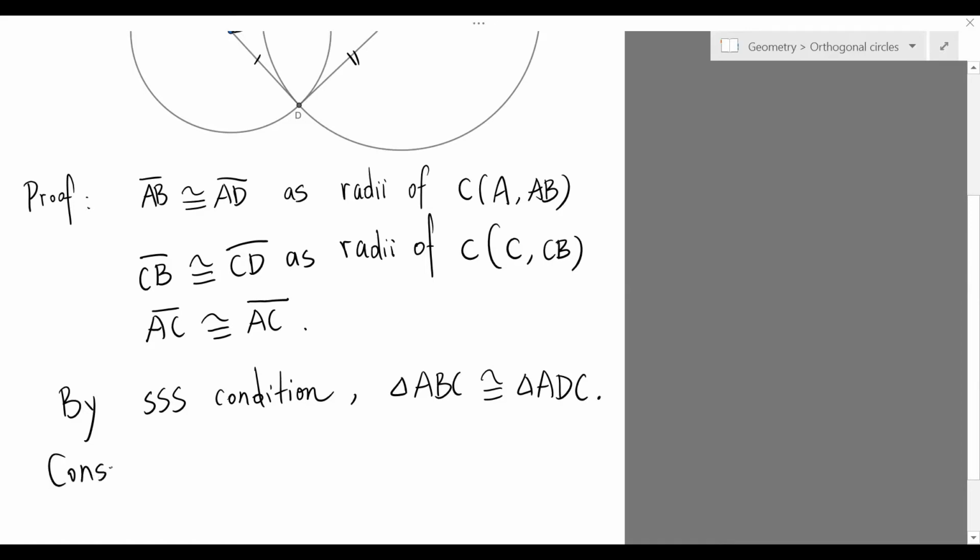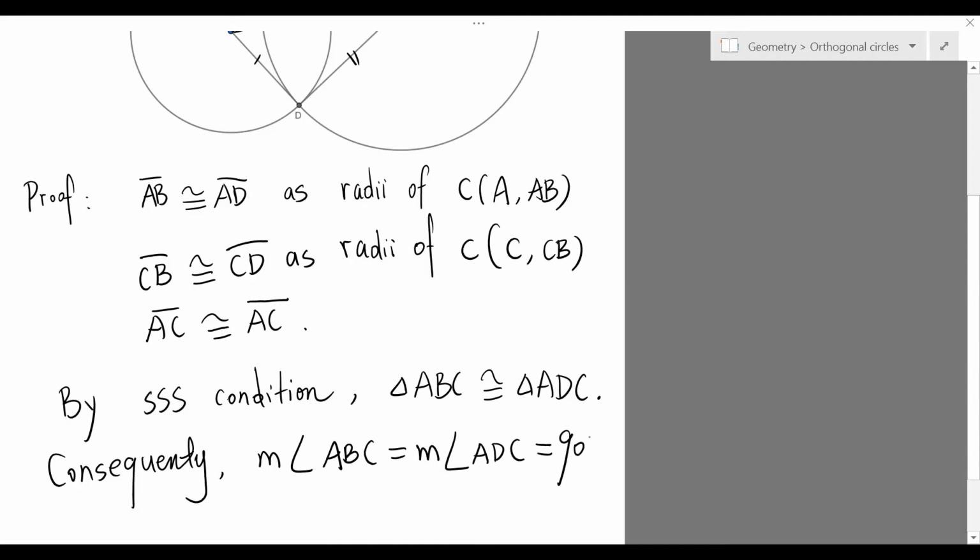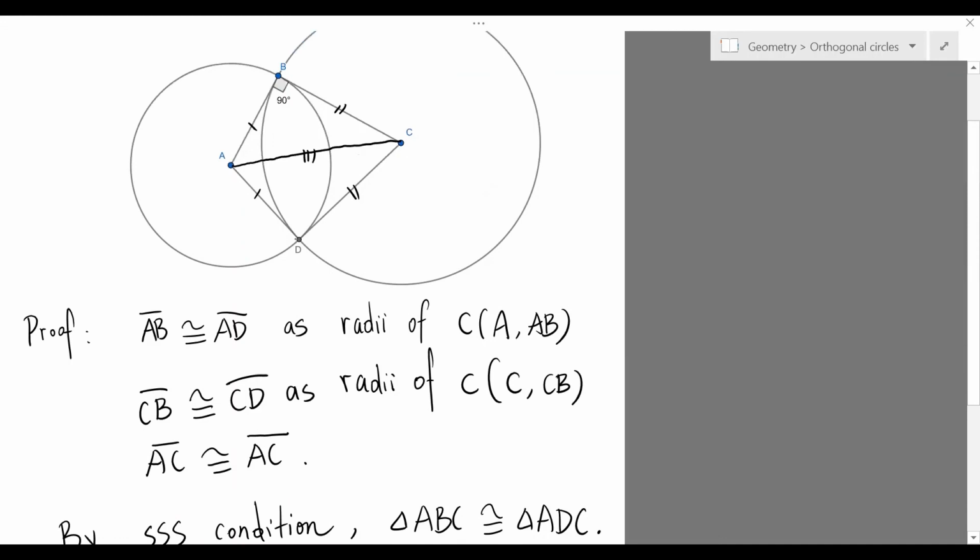Consequently, the measure of the angle ABC equals the measure of the angle ADC, both of which are 90 degrees. And that's precisely what we want to show.